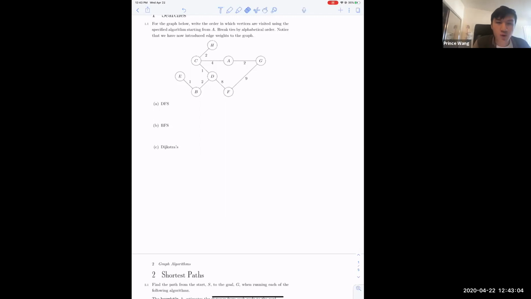This is where graph algorithms are introduced. Why are they important? Because they allow you to search for potential routes and paths within a graph from one node to another. There are a lot of different famous algorithms, and the first one is called DFS. It stands for depth first search.